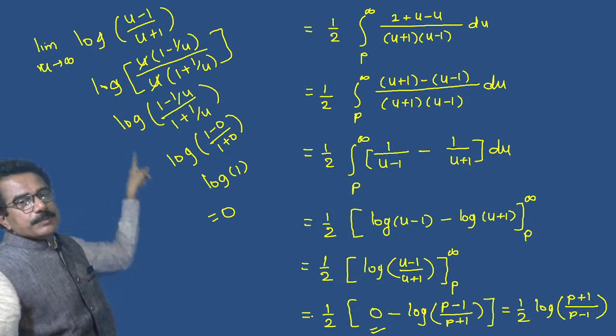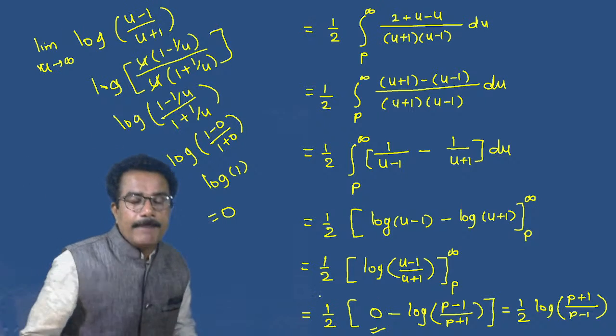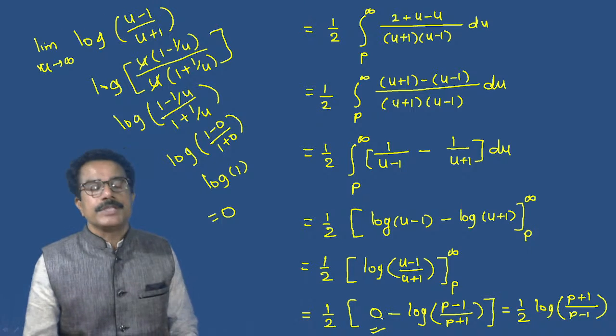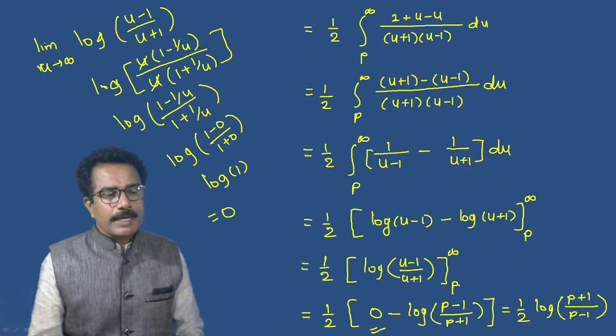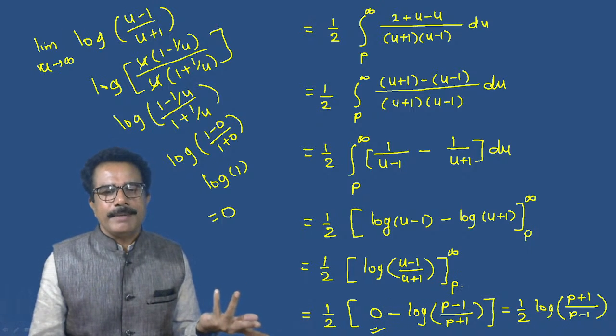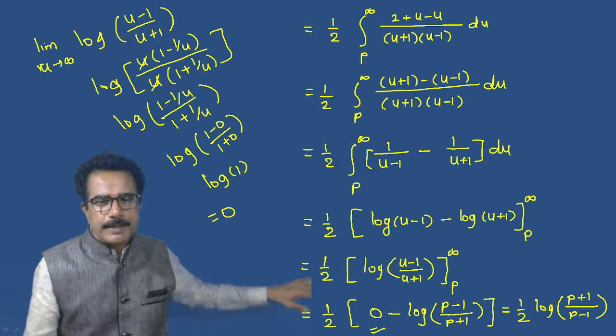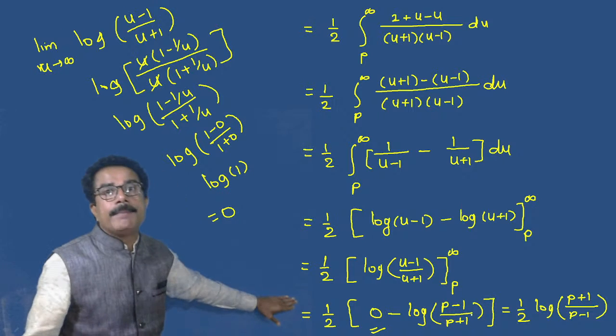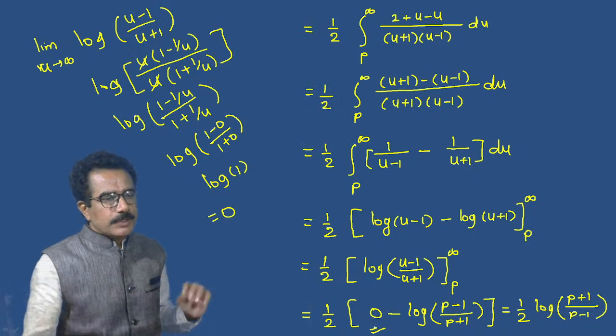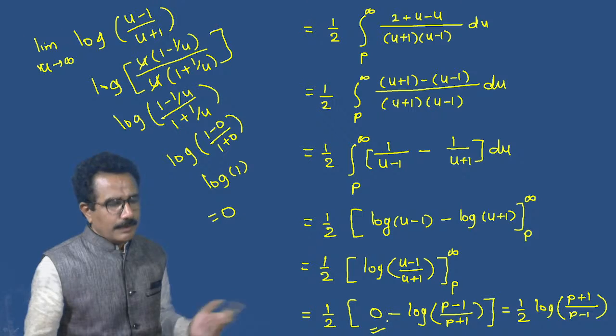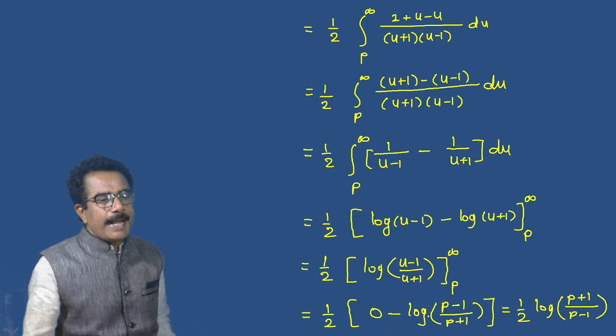These are the steps which show the upper limit of the given function, which is 0. Minus lower limit, you can keep the lower limit directly as p, log of p minus 1 divided by p plus 1. So 0, again minus log of p minus 1 divided by p plus 1.